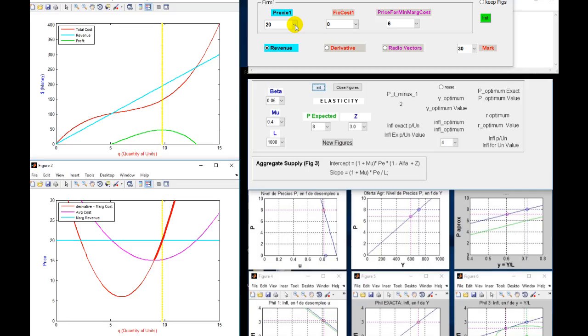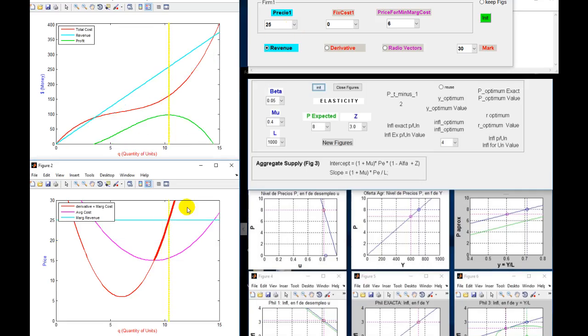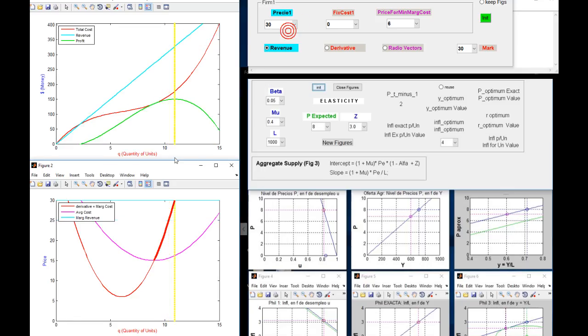Now if the price is 25, then this is also part of the supply curve, because for the price 25 the quantity provided is this, and so on. If the price is 30, then for the price 30 this is the quantity.